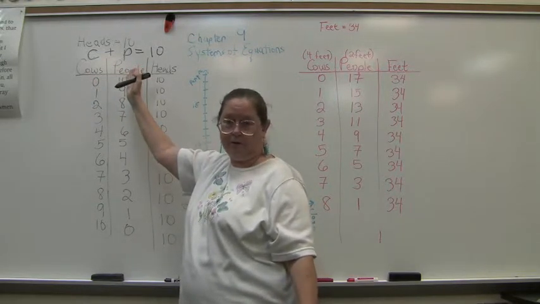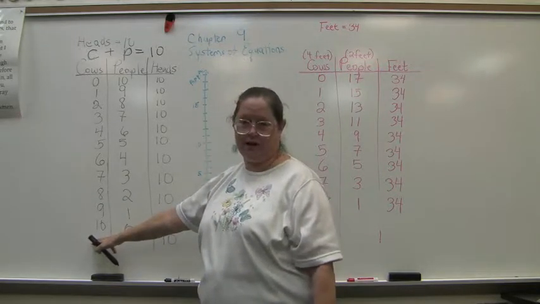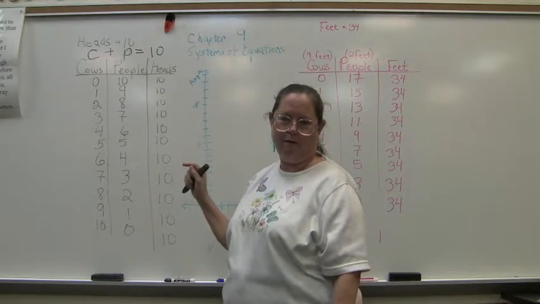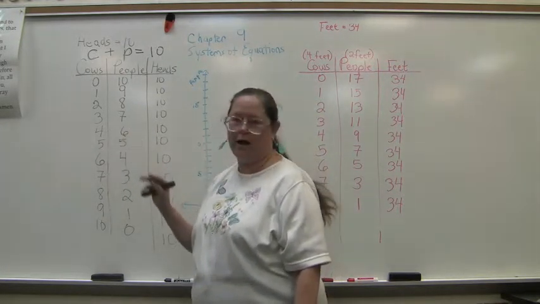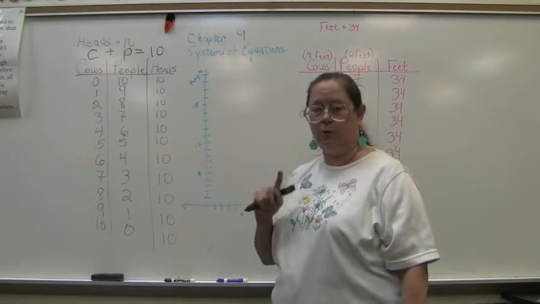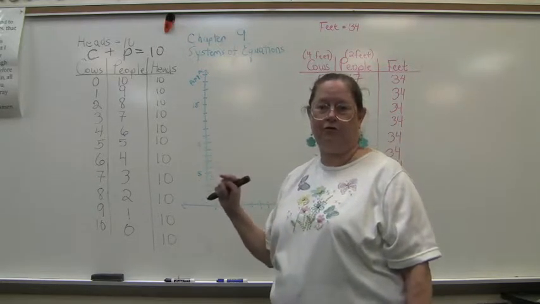Very boring barn, okay? Or there might be no people and lots of cows, 10 cows. Or there might be a mix. Maybe each person has a pet cow, so there might be 5 people and 5 cows. But you can see that with two variables and only one equation, we have lots of possible answers.